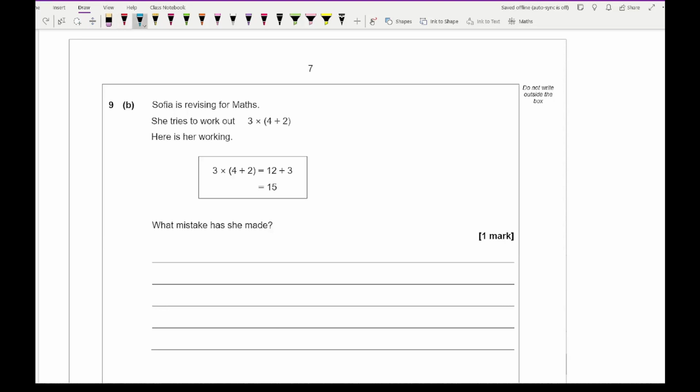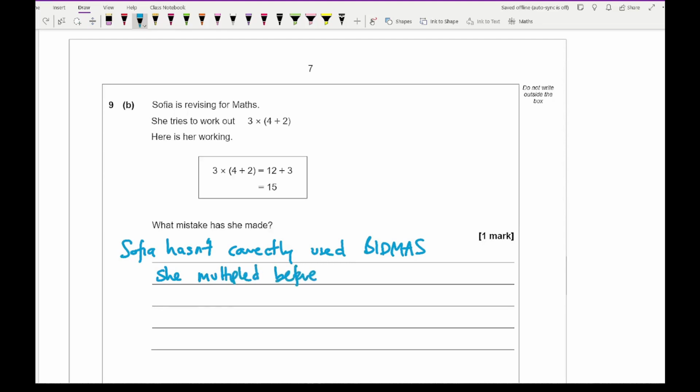Now for the 1 mark, there are several ways in which you can write this, but basically you want to state that Sophia hasn't correctly used BIDMAS or BODMAS, whichever is your preference. She multiplied before using the brackets.